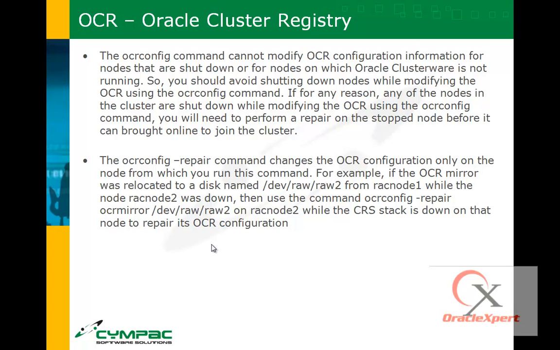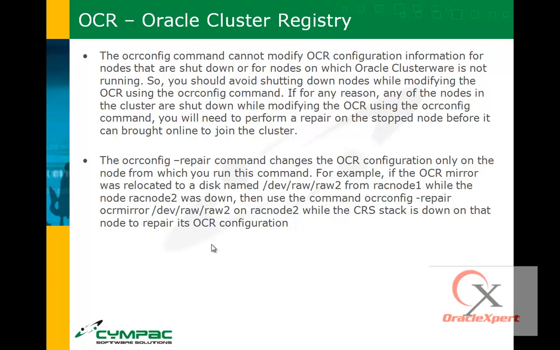So if in a 3-node cluster 2 nodes were down and my OCR was live migrated from X location to Y location, CFS NFS to ASM, those beta and gamma nodes were down. Then I came to beta and said repair. Until I repair, cluster services won't be able to start because on beta my OCR is still pointing to the old location, where it does not exist, since I did the migration from the alpha node.